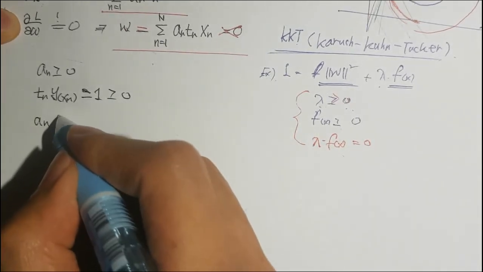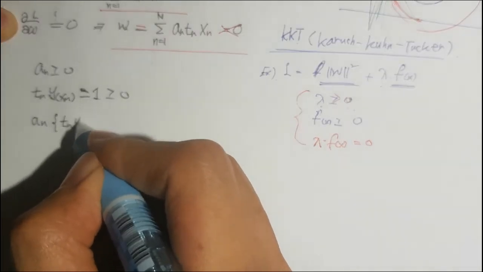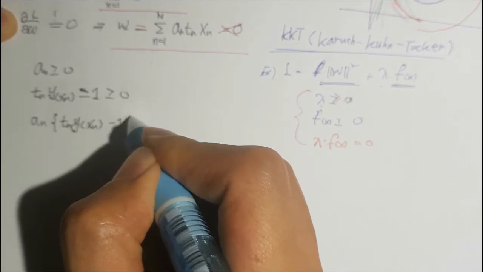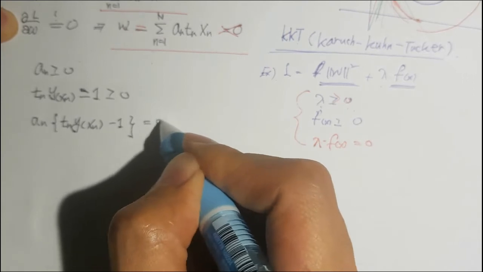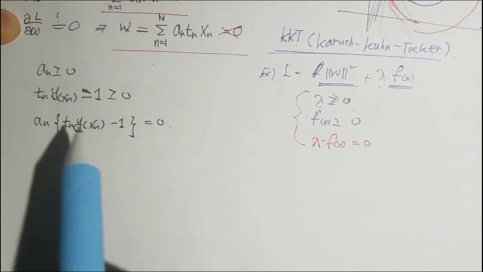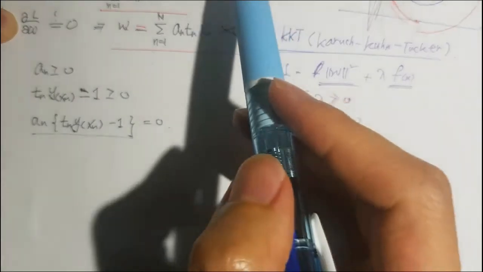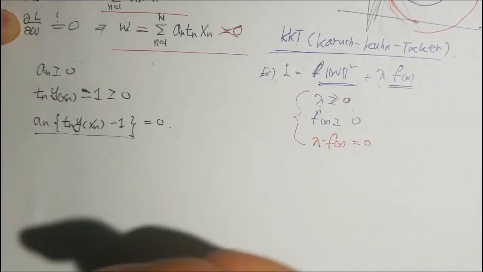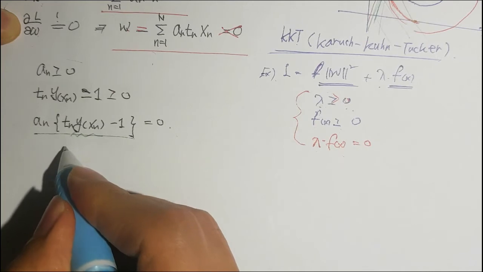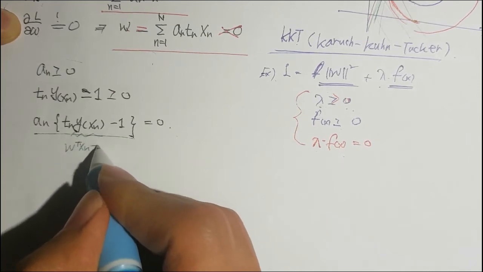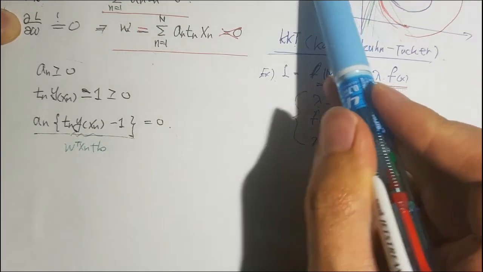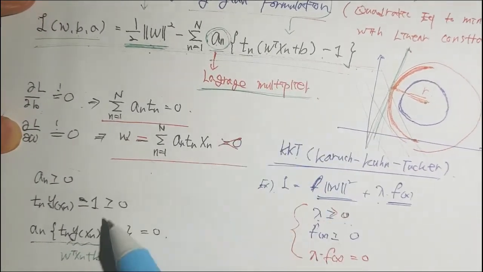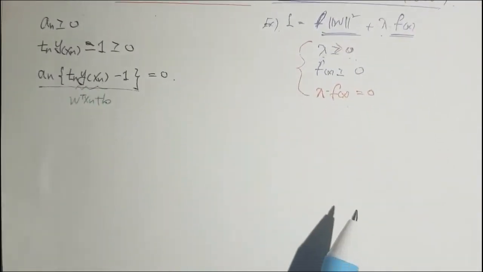Therefore, it can be written like this. Okay. So this equation, you can see this, actually y_n is the same as w^T x_n plus b. Okay, so it is the same as this equation.